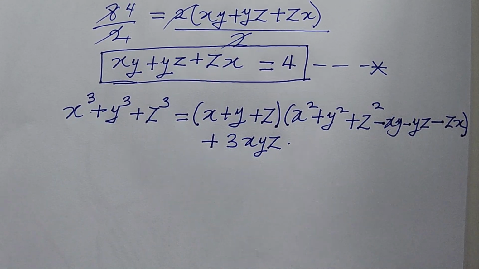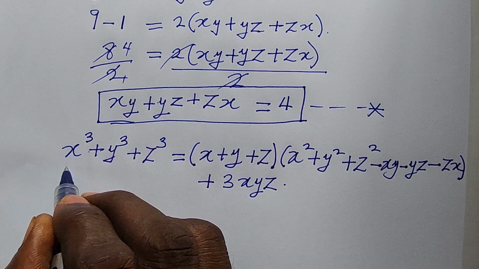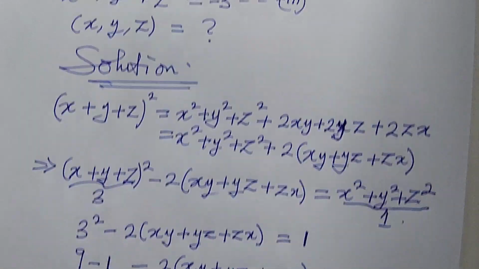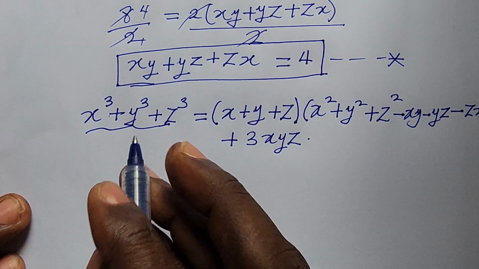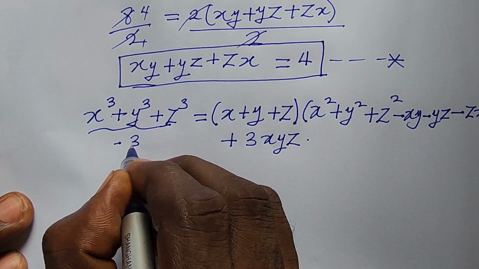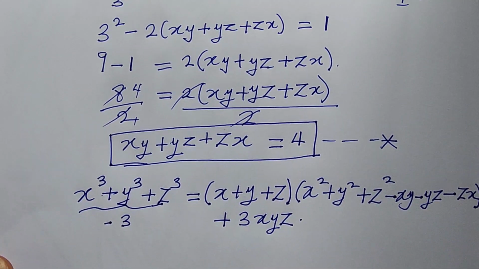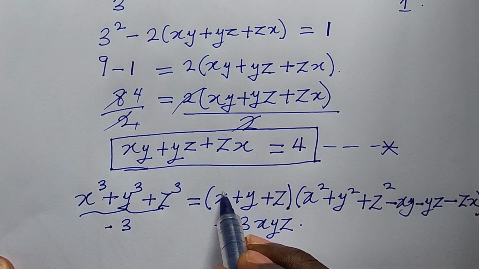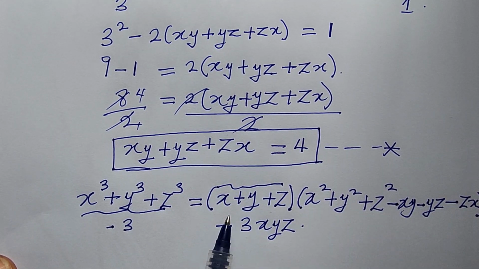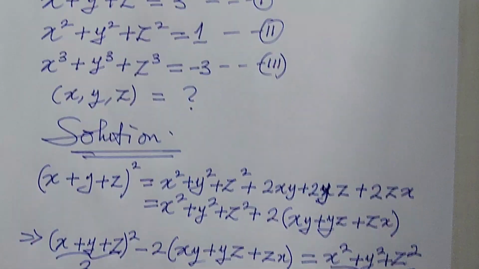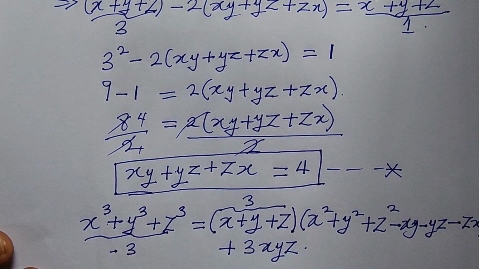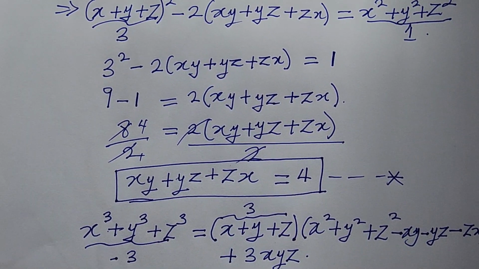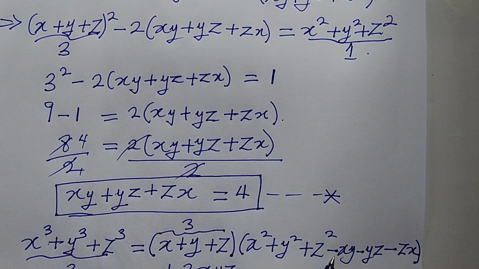Now, again, you discover that we have this already to be minus 3 here from equation 3. So this is minus 3, right? Now, again, we have x plus y plus z, which is 3. So here we have this to be also 3. We want to substitute again. And again, we can bring out minus here.